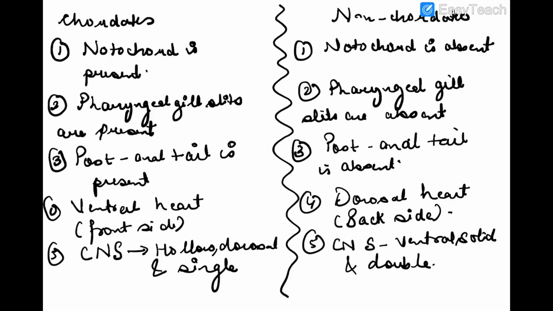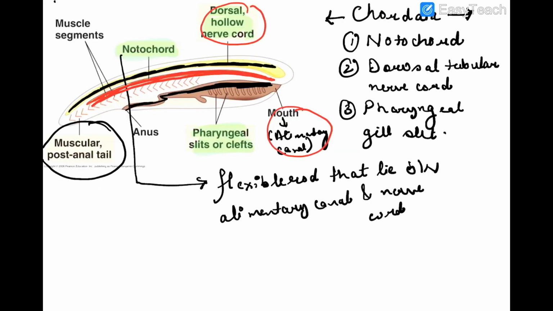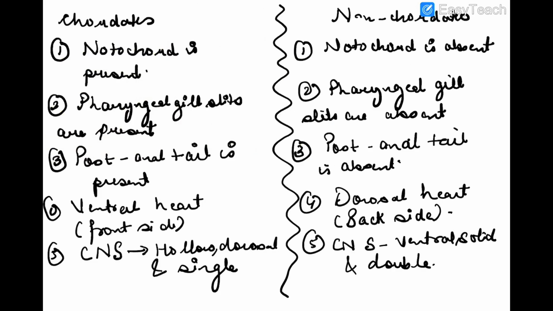These are the major differences between chordates and non-chordates. The three obvious differences: notochord is present in chordates and absent in non-chordates; pharyngeal gill slits are present in chordates and absent in non-chordates; post-anal tail is present in chordates and absent in non-chordates. The rest of the features I have discussed.